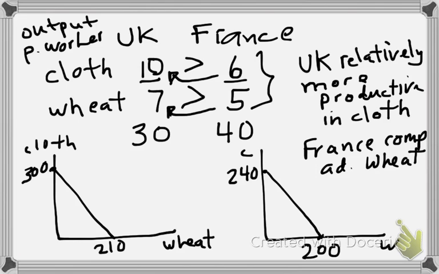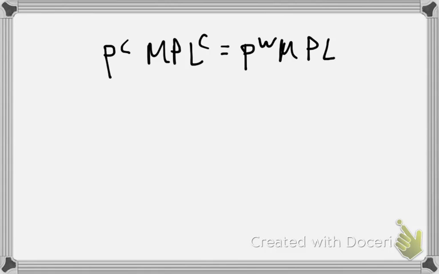So that's important to establish that intuition, because when we derive the prices, we'll want to remember that intuition. So if we now calculate the pre-trade prices for the UK, we have the price of cloth times the marginal product of labor in cloth has to be equal to the price of wheat times the marginal product of labor in wheat. So that's for the UK.